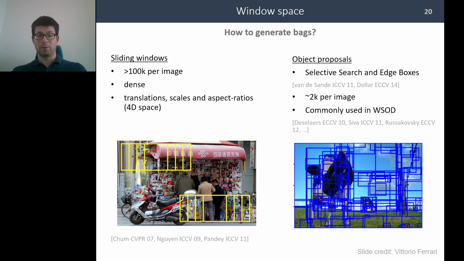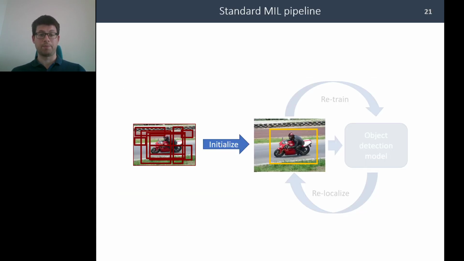They are basically tailored to output regions with a high probability of containing objects. I will talk about them at a later stage, but the interesting thing about these is that they are sparse and have very high recall in terms of objects.